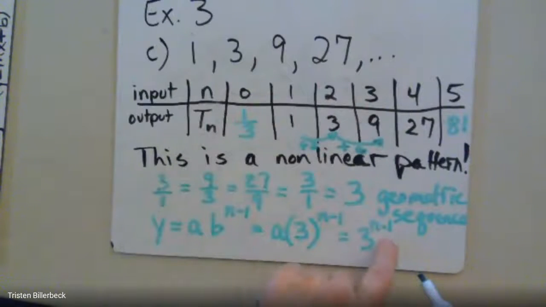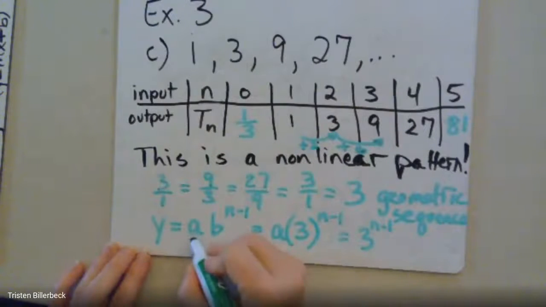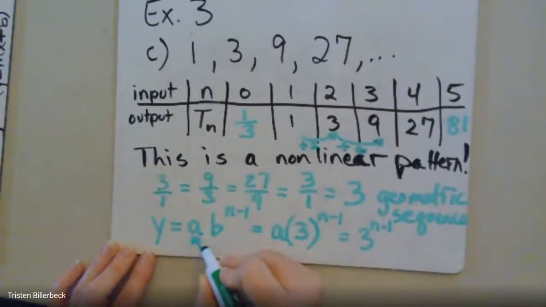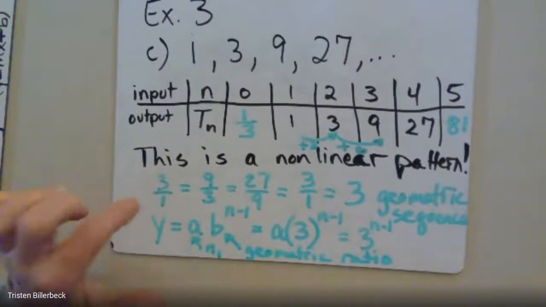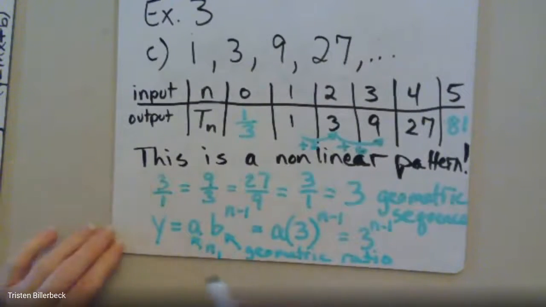2 minus 1 is 1. So 3 to the first is 3. Okay, so this is n minus 1, and this is called the geometric ratio.